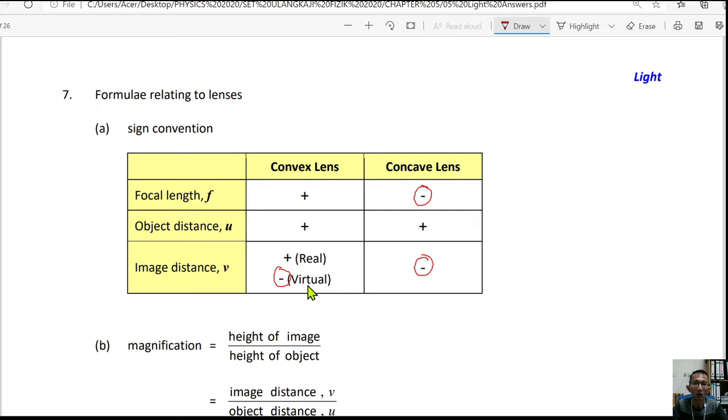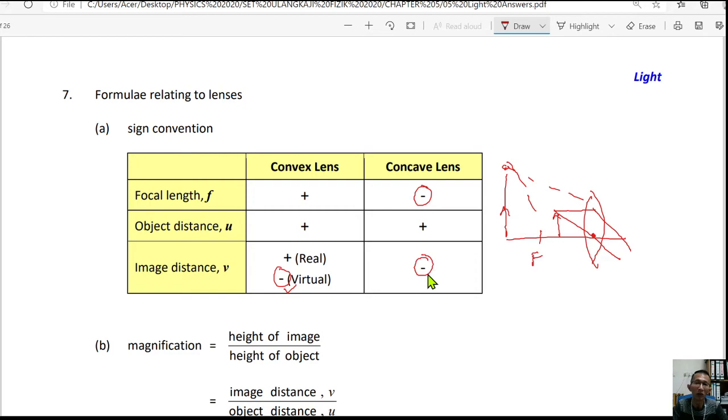Can you follow? So if we look at this convex lens, virtual only happens when, suppose here is F, here is my lens, and I have the object here. If I draw, the image will be formed behind here. So if I measure my image distance from the lens towards the object, I'm going to the left, so it is a negative value.